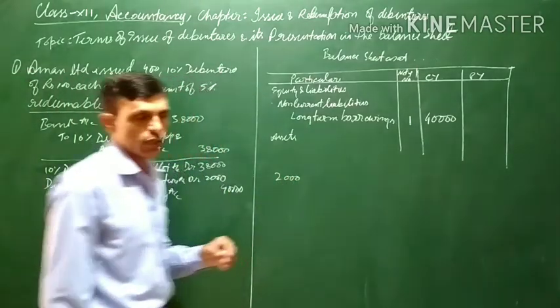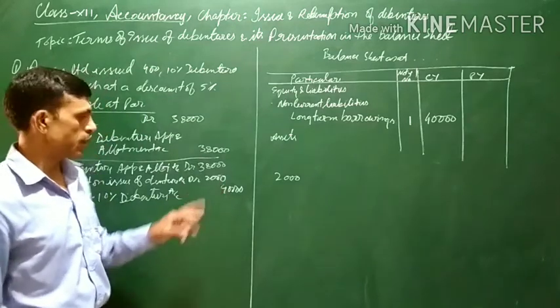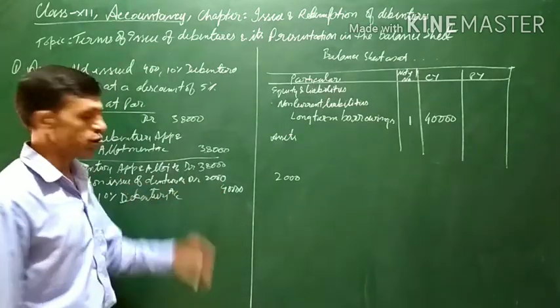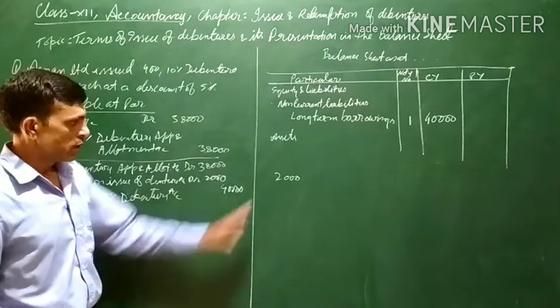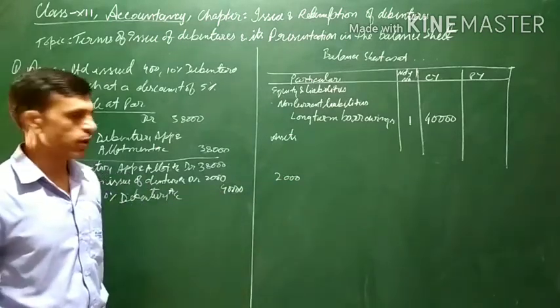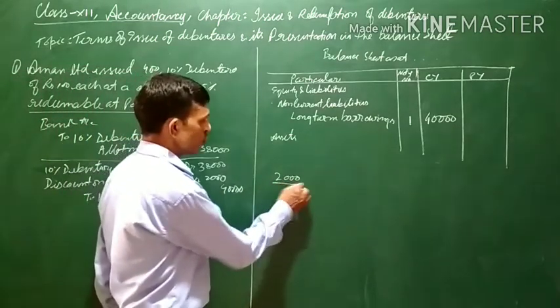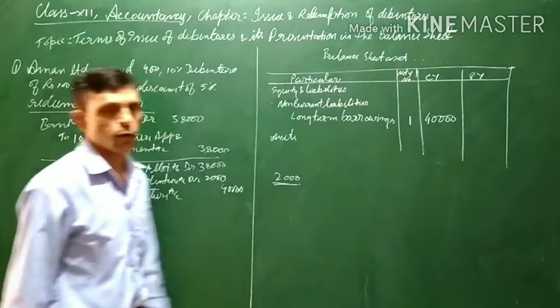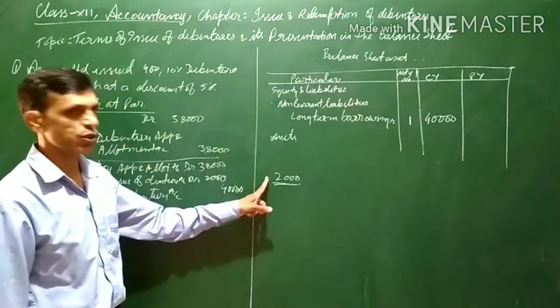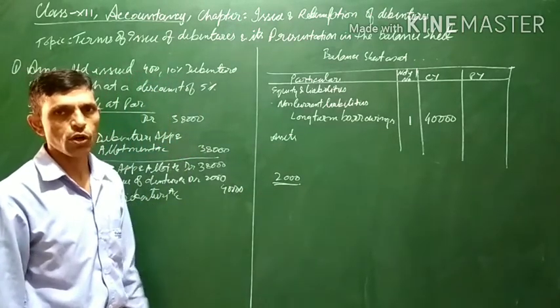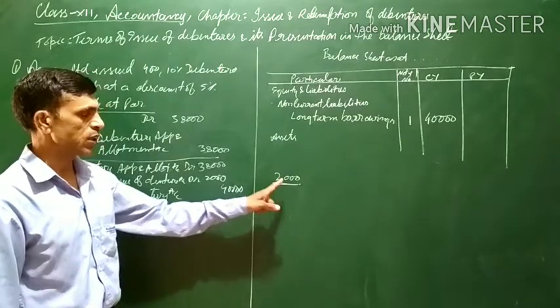Very important to be noted here is that nothing is mentioned regarding the discount on issue of debenture. The rule for discount on issue of debenture is that this should be written off during the lifetime of the debenture.